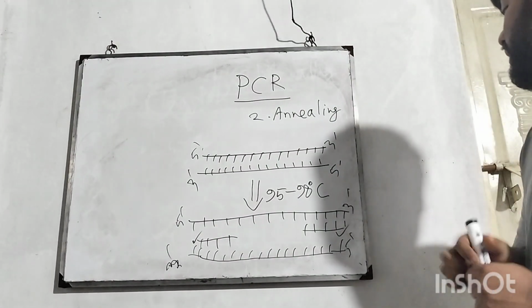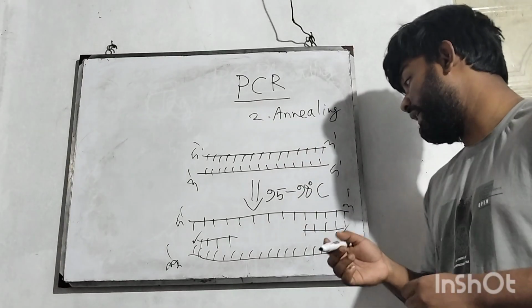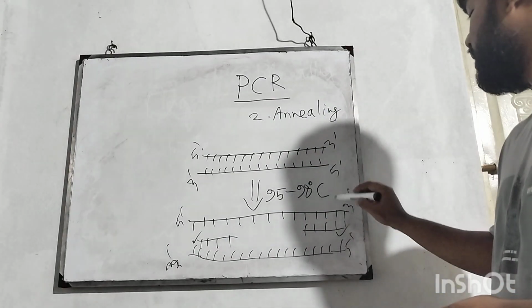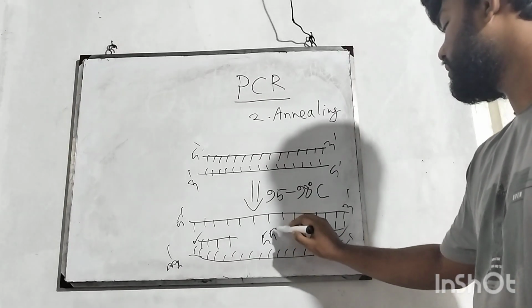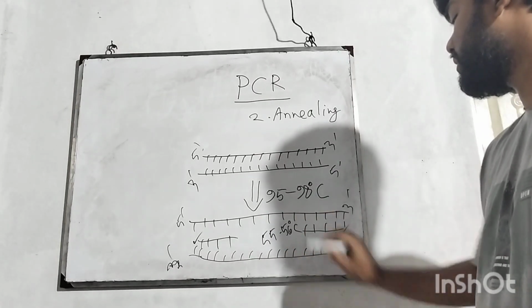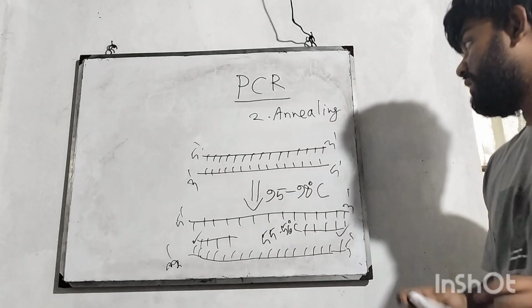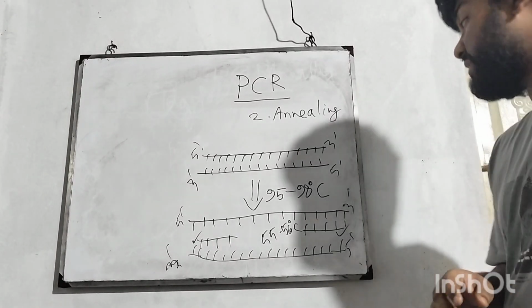Another thing is that the annealing temperature is almost 55 to 56 degrees Celsius. Then the next step comes, which is extension.